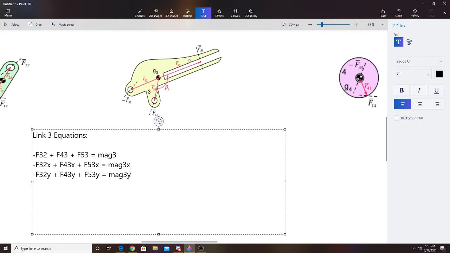As this part turns, you would think this is always a straight up and down force. Well, not quite. Yes, its force is always going to be perpendicular to this beak, so it's always going to go straight up and down with respect to the beak. But as this thing turns, its x and y components change.